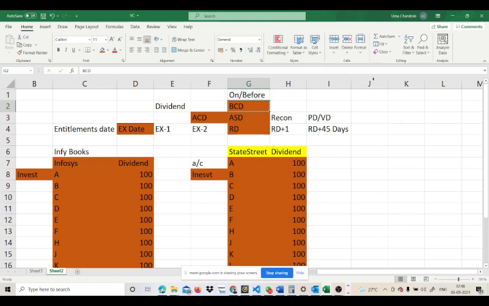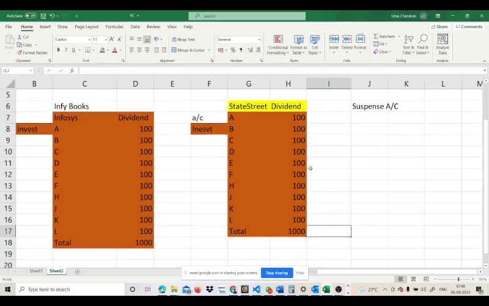The challenges are here. When we talk about dividends, most of the time the agent banks or custodians process this 1000 rupees. So let's say this is an INR payment. They can process the payment on a suspense account.